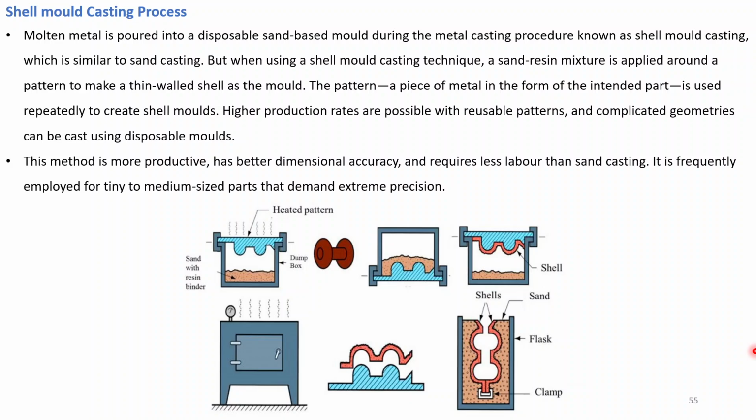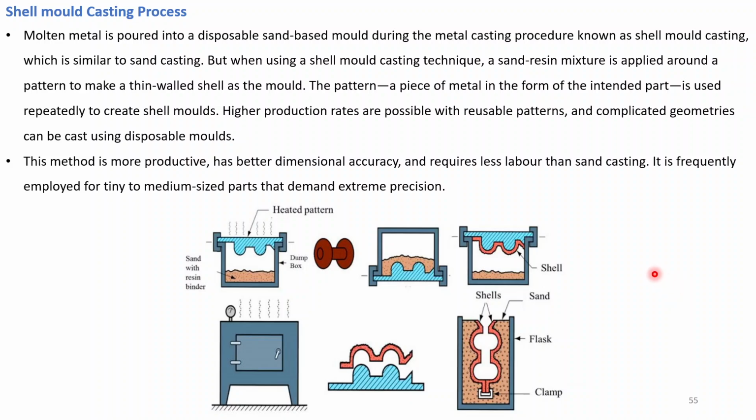So in this case, molten metal is poured into a disposable sand based mold during the metal casting procedure known as shell mold casting. It is similar to sand casting, but when using a shell mold casting technique, a sand resin mixture is applied around a pattern to make a thin walled shell as the mold, and the pattern, a piece of metal in the form of the intended part, is used repeatedly to create shell molds.